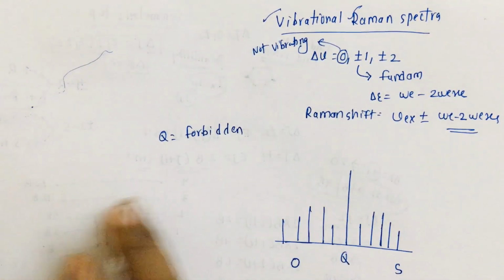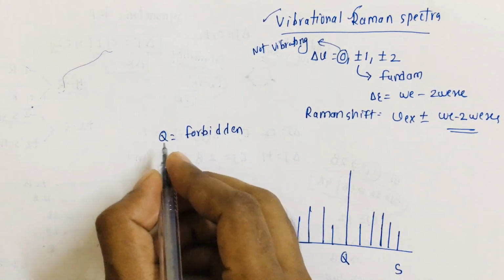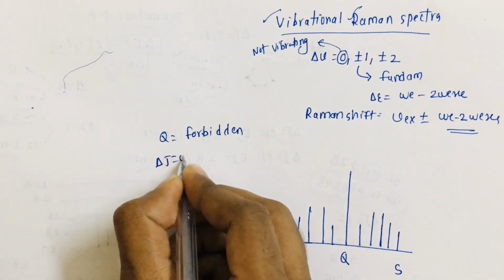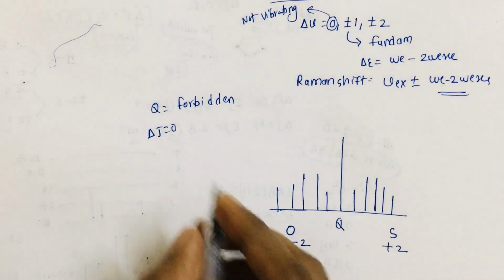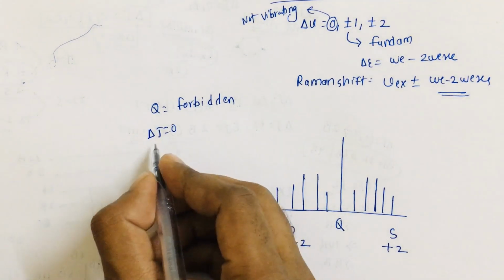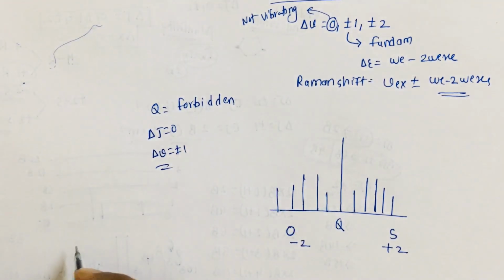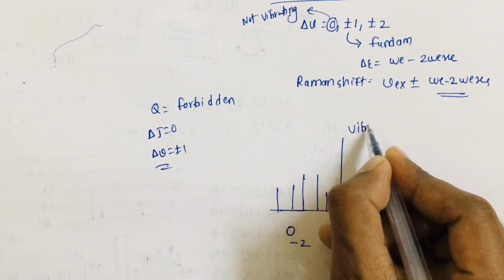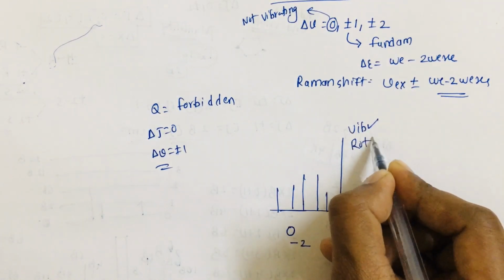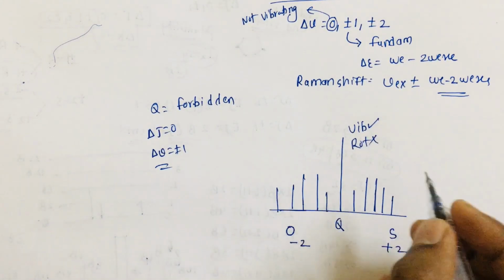Why is the Q band forbidden? For the Q band, delta J equals 0, and this will be minus 2 and this will be plus 2. Delta J equals 0 for this, and delta nu will be plus or minus 1. Here vibration is changing, but the rotation is not changing.